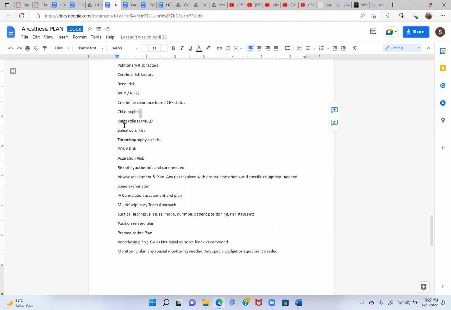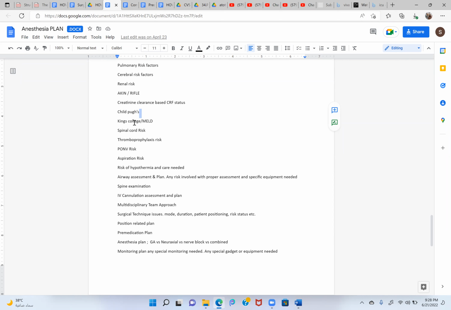Then C will become B. If it is B, you have to push it to A. If it is A, you have to avoid factors which can lead the patient to deteriorate and go to B. So whenever you have a patient with liver disease, you will quantify and target your management in this way.